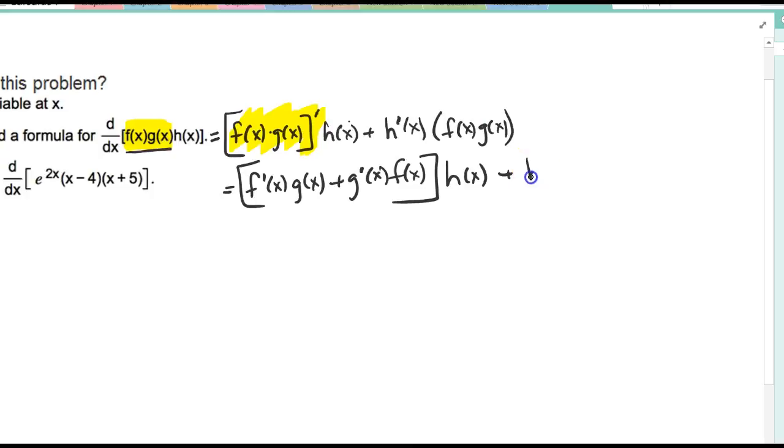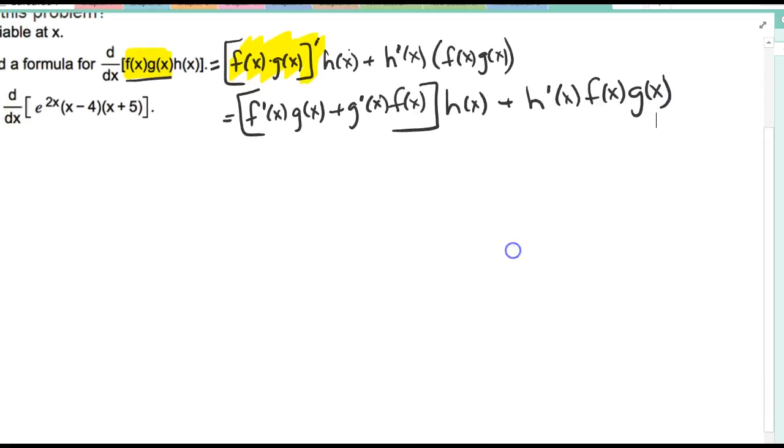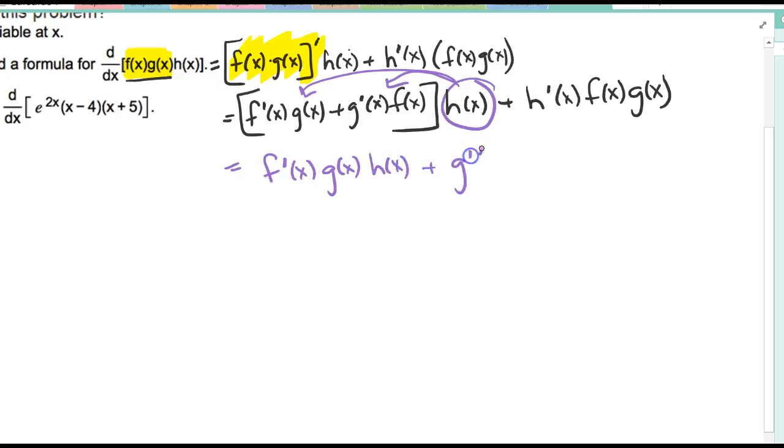Plus, again, I could just write this like this. One thing you want to be careful, you want to distribute this to both of these terms. So I have f of x times g of x times h of x plus g prime of x times f of x plus g of x.